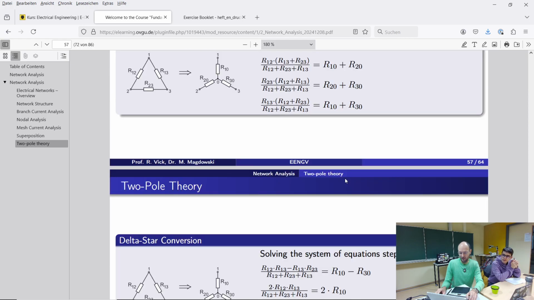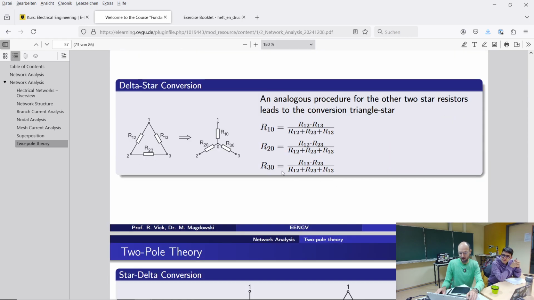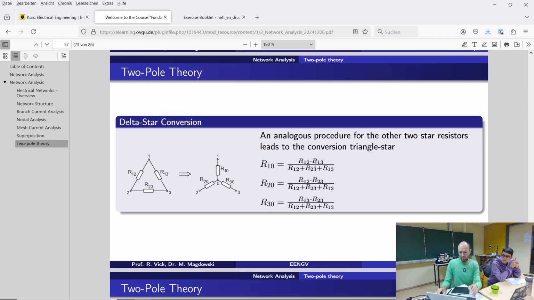This is the derivation, and these are the final formulas. So, as mentioned, each resistor of the star we get from the product of the two resistors that are connected to this node divided by the sum of all the three resistors inside this delta.